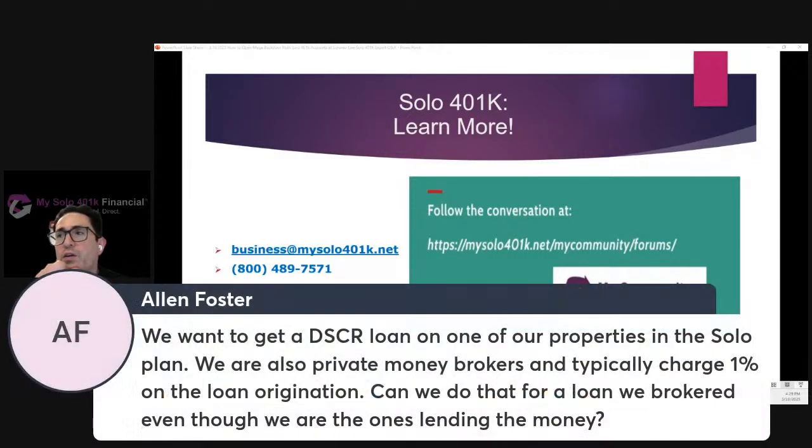I see. Well, okay, so you're not the ones lending the money, but the self-employed person is going to be getting a loan origination fee. So no, that's not allowed. The self-employed person cannot benefit from the solo 401k personally, and cannot receive a loan origination fee for a loan that's made to their solo 401k plan.